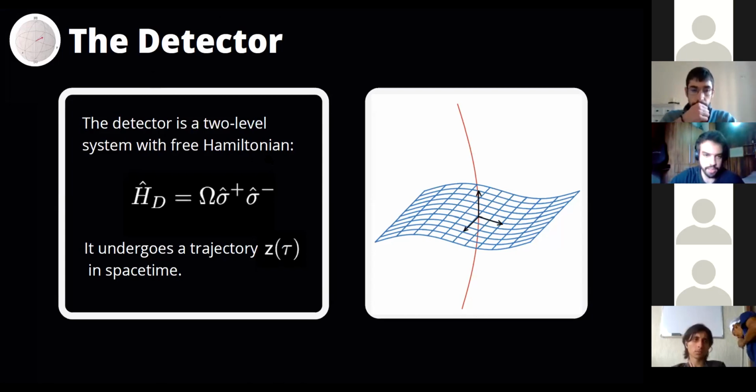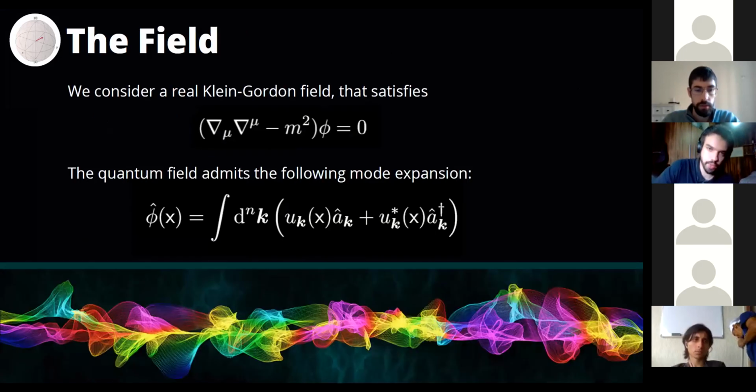And this Hamiltonian is defined in the proper frame of the detector that undergoes a trajectory z of tau in spacetime, a time-like trajectory, of course. So you can imagine that you have a Bloch sphere evolving along spacetime, and that's pretty much it.